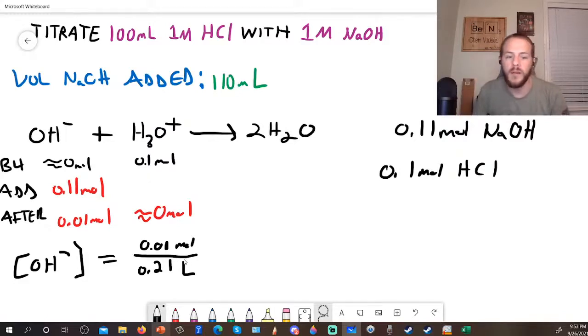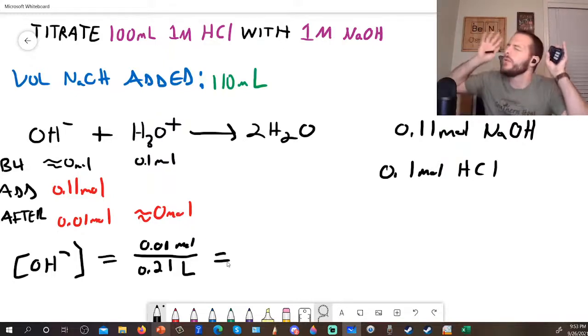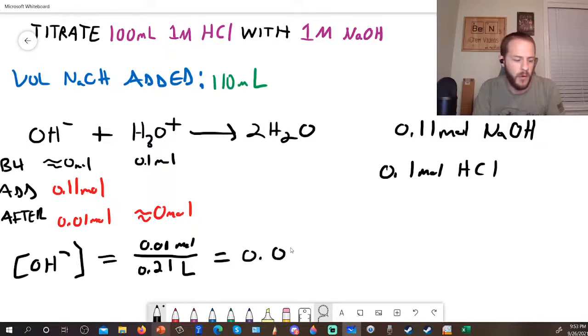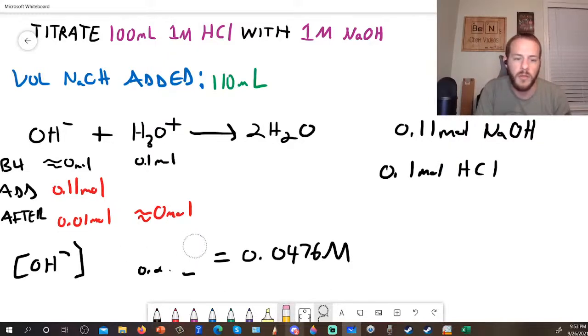So 0.01 divided by 0.21, what is that? I'm going to calculate that real quick in my calculator, and I would encourage all of you to do the same with your scientific calculators. That is 0.0476 molar, right? So that's our concentration of hydroxide ion.